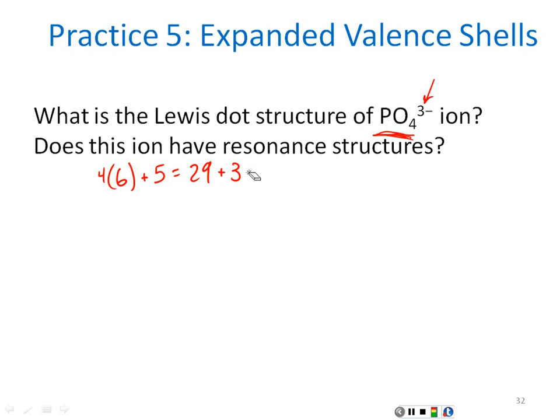So that will give us a total of 32 electrons. Now when we're placing the atoms in the molecule, phosphorus will go in the center. It has a higher bonding capacity. I didn't draw that very well. There we go. Okay.